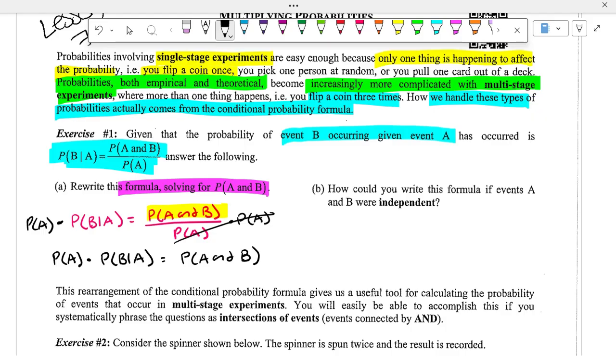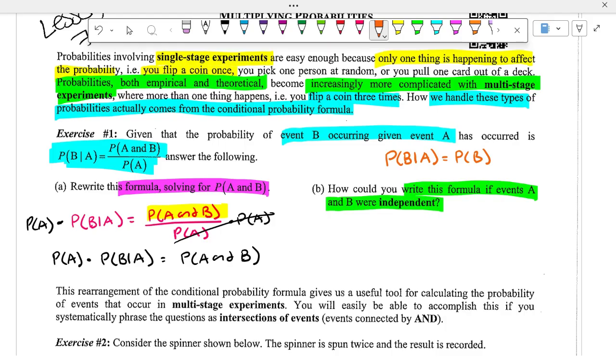Now, how could I write this formula if the events of A and B are independent? So let's look again at our formula for independence, which is right here. If we know that A and B are independent of each other, that means P of B given A is going to be equal to the probability of B happening.